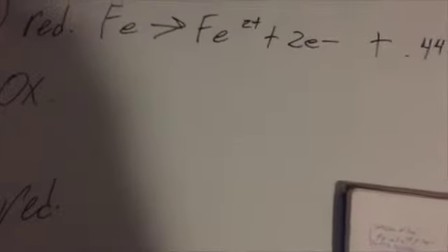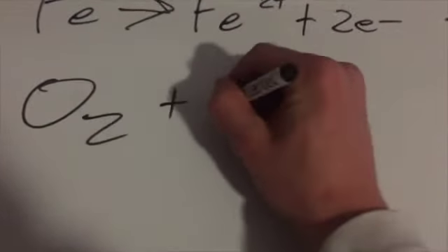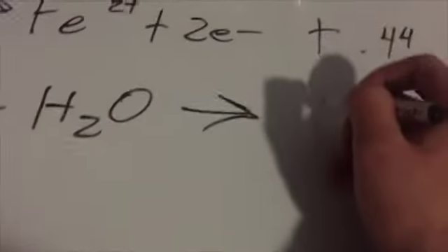Now we are going to add O2 plus H2O, which is going to go to OH minus. Okay, so there you have it. That's the first equation you're going to have.